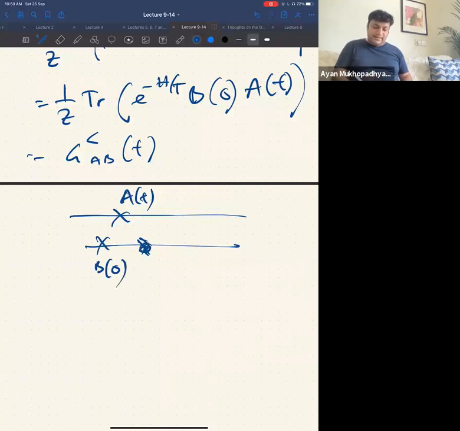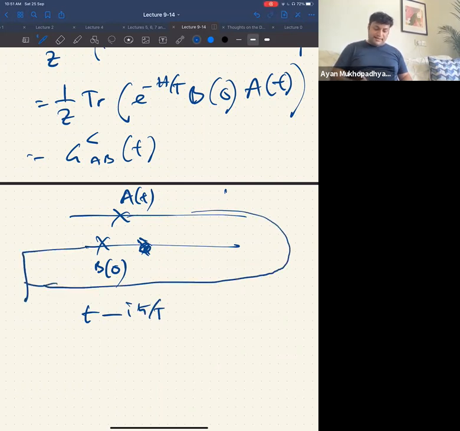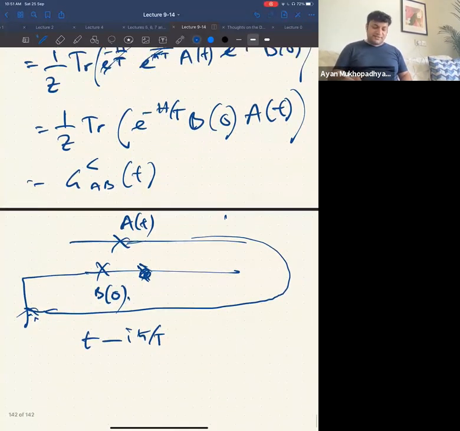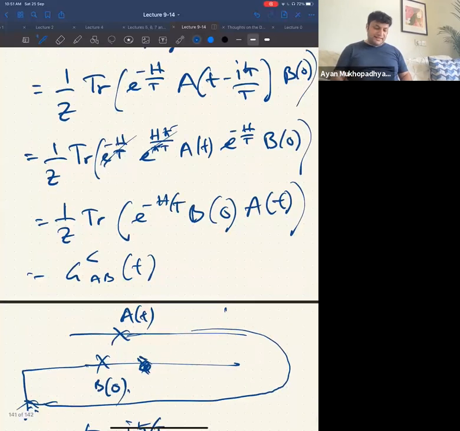Now if I take t goes to t minus i h bar by T, I'm taking this appendage and moving it somewhere down here. Then this actually becomes earlier in the contour than this. This is a nice pictorial way to understand it.